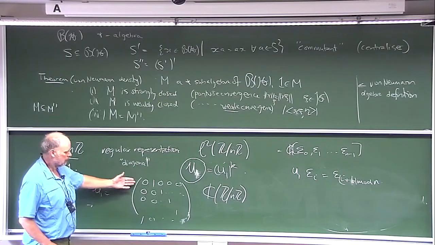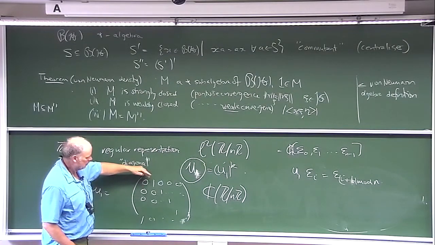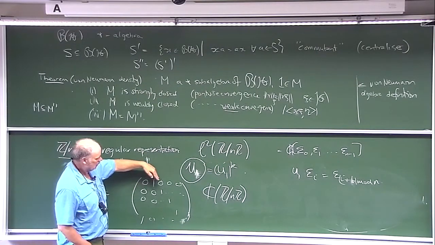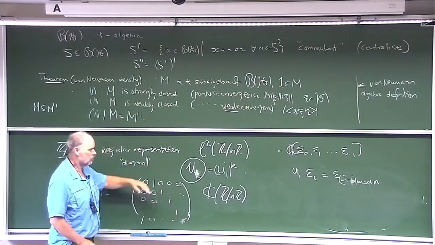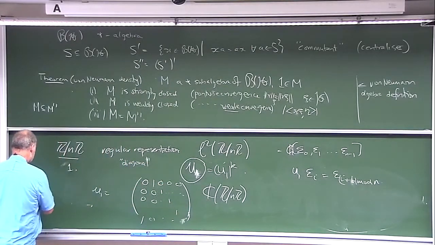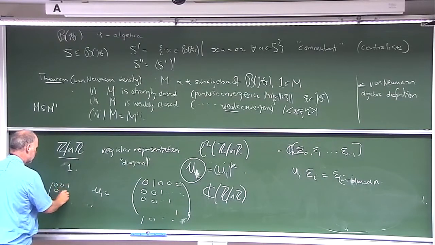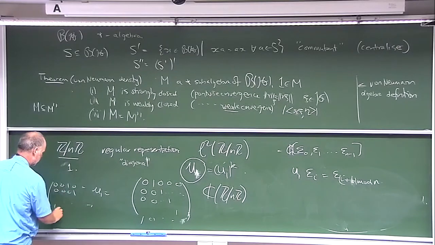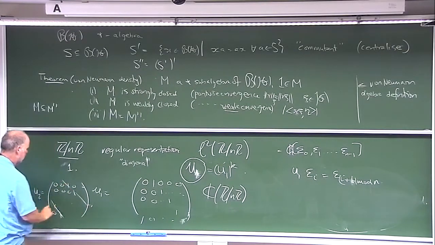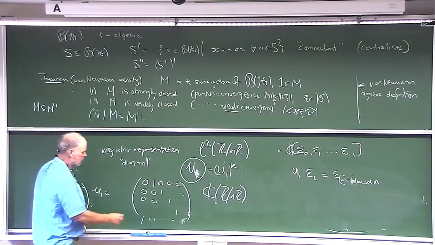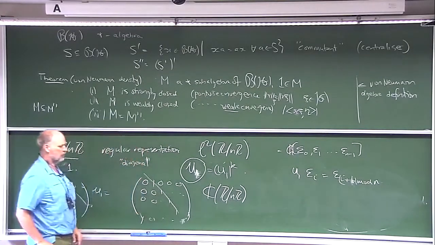So this is U1. U2 would be the element where the ones would be shifted by 1, right? U sub 2 would have 0, 0, 1, 0, 0, 0, 1, and we'd have a couple of 1s down here. Okay, so this would be the diagonal corresponding to U2. This is the diagonal corresponding to U1.